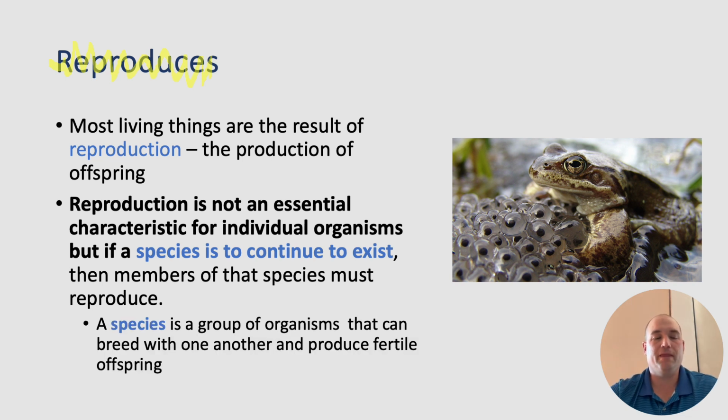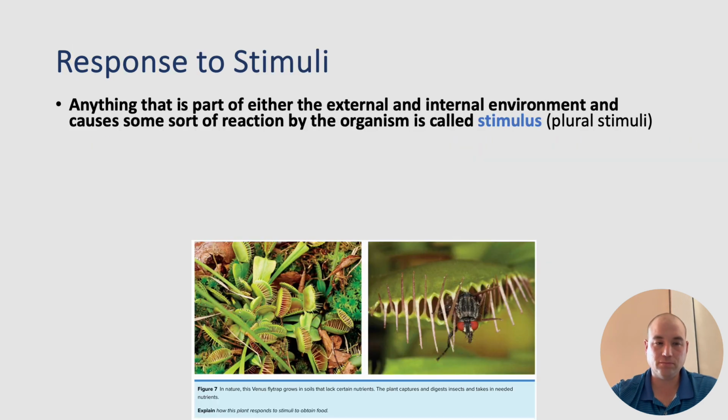Okay? This is important when we're looking at biology and classifying species. A species is a group of organisms that can breed with one another and produce fertile offspring. So that is what makes something part of the same species, being able to breed and reproduce.